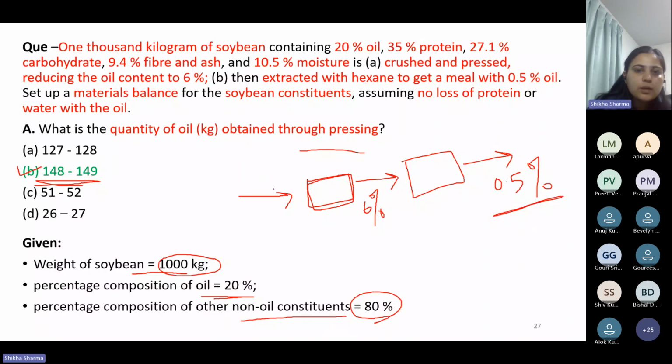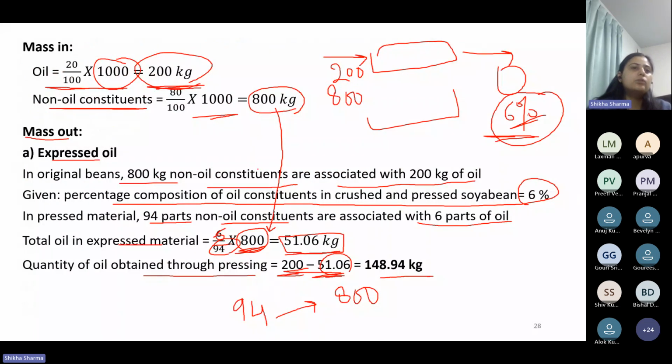First, we are putting 1000 kg of soybean as input, in which 20% is the oil and 80% is the non-oil part. In kg, the oil part is 20 divided by 100 into 1000, which is 200 kg.